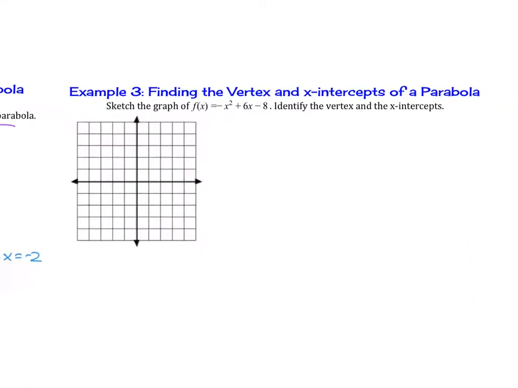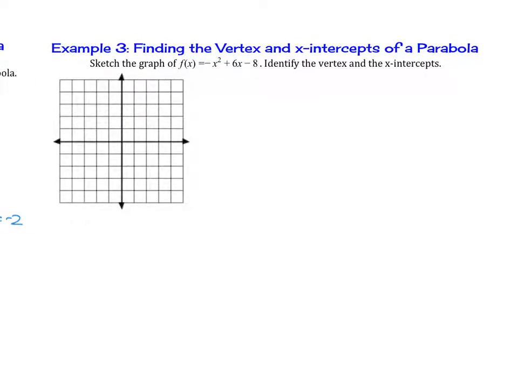Example 3, finding the vertex and x-intercepts of a parabola. So we're going to sketch the graph of f of x equals -x squared plus 6x minus 8. Then we're going to identify the vertex and the x-intercepts. So we're going to, again, complete the square for this one. So we'll factor out the negative. So it's x squared minus 6x plus blank, and then minus 8, and then minus a -1 times whatever I add.